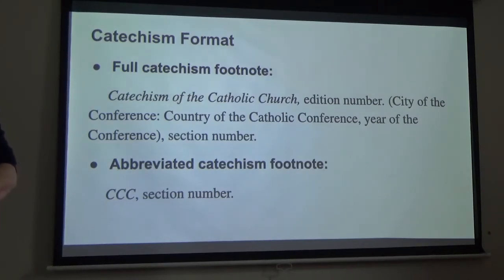But usually you're using the newest edition, so you'll have the same citation with a different section number. You do not use pages, because maybe your catechism has very large words and the pages are different. So you use the section numbers.